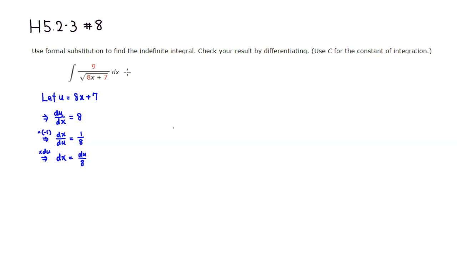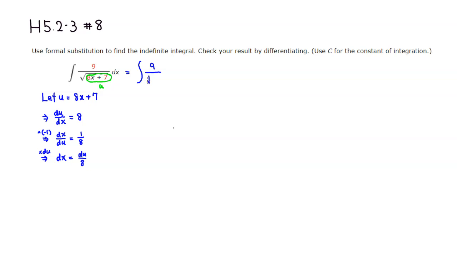Alright, so let's rewrite this integral here. We have a 9 on top, so I'm going to keep it as it is. And over, since we decided to call 8x plus 7 u, we're going to have the square root of u in the denominator.